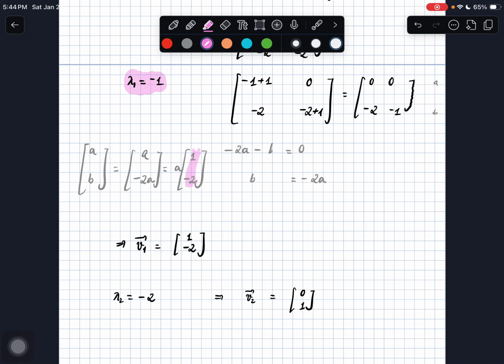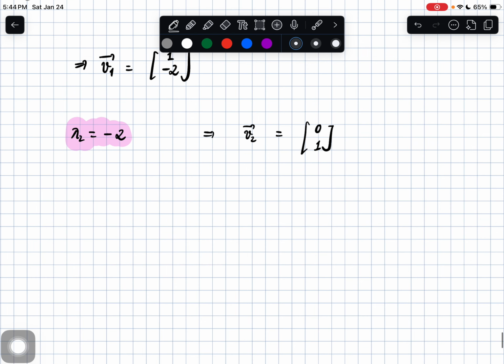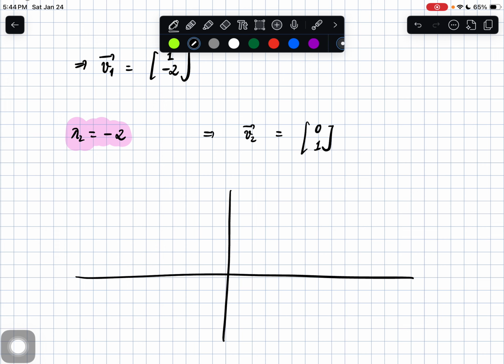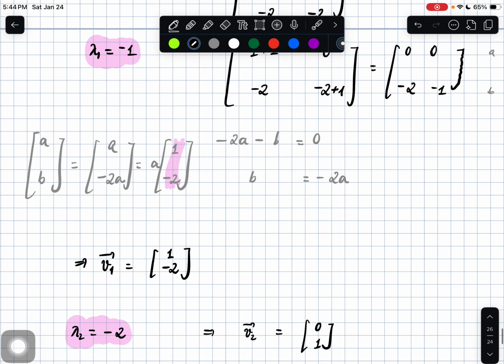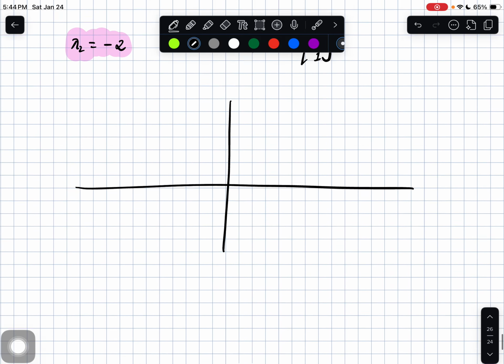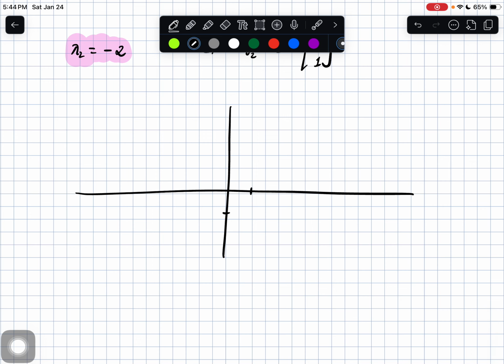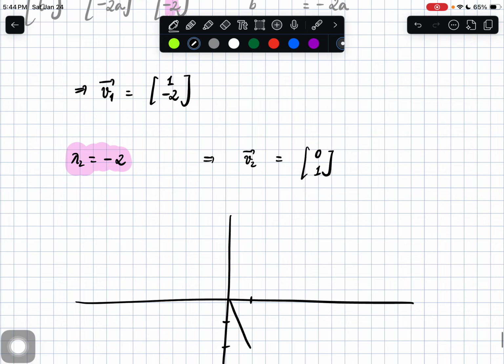Values that are both negative, we have a sink. Lambda 1 corresponds to 1, minus 2. So this is our V1.